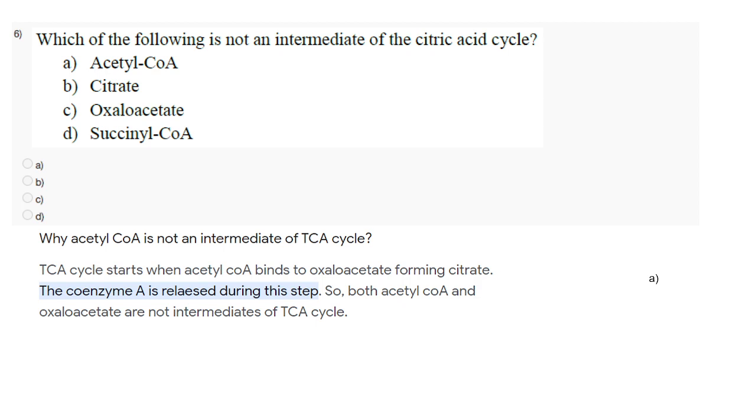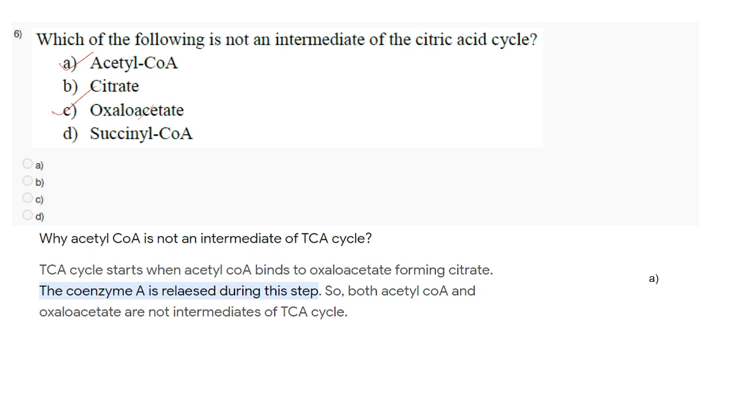The TCA cycle starts when acetyl coenzyme A binds to oxaloacetate, forming citrate. So coenzyme A is released during this step. So both acetyl coenzyme A and oxaloacetate are not intermediates of the TCA cycle.